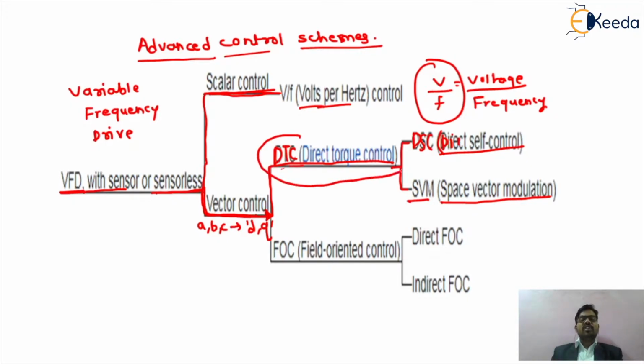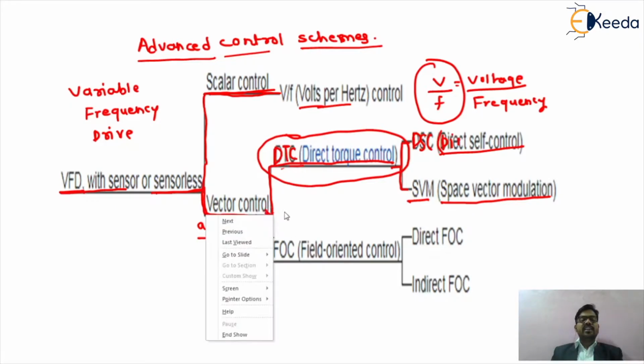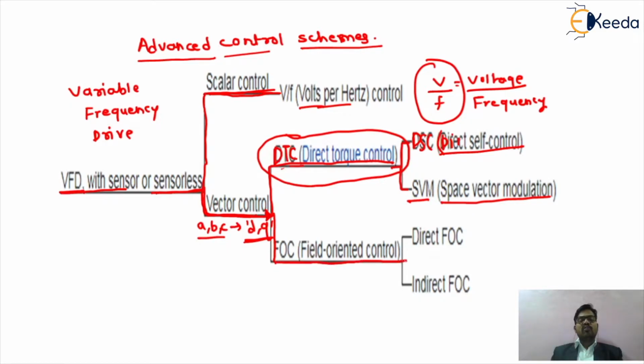Now we want to understand what we mean by direct torque control. Basically, direct torque control is one type of vector control technique, in which we convert the ABC quantities into direct and quadrature axis components. Along with DTC, the second method of vector control is FOC, the field oriented control technique.